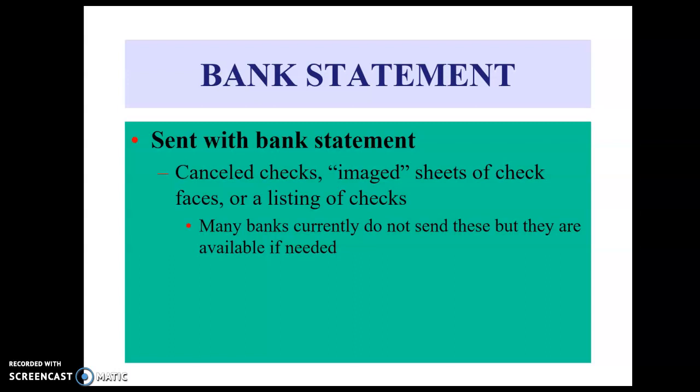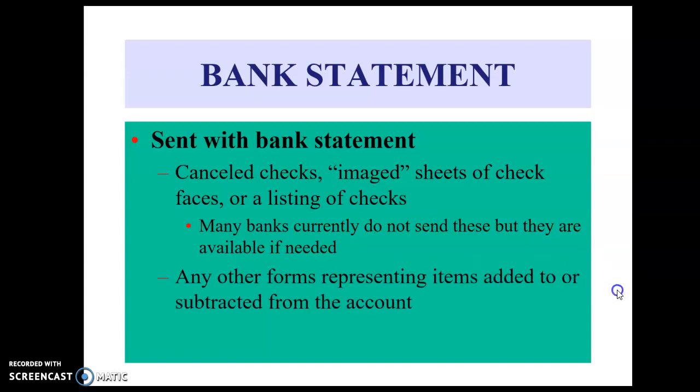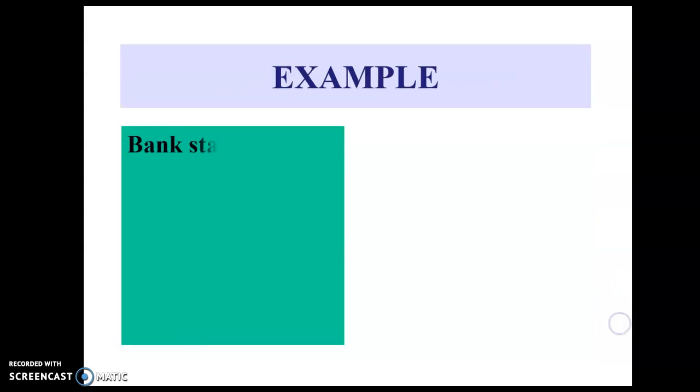They used to send all the actual canceled checks themselves, but that was a huge packet, and it cost a lot of money to send. So then they started doing the image sheets, and now sometimes they don't even do that. But you can get those if you need them. Many banks don't send these, but they are available if needed. Any other forms that they need to send would also be sent with the bank statement.